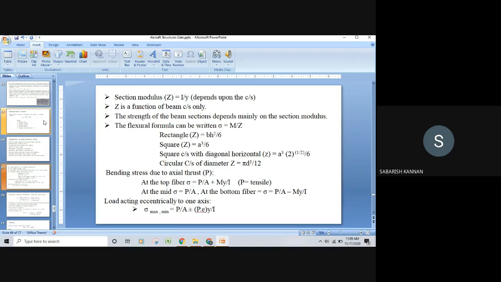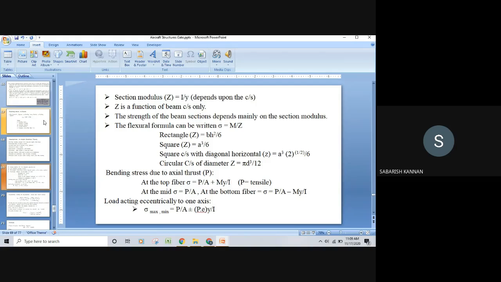Now the load acting eccentrically to one axis, that is eccentric loading. Sigma max or sigma min equals P divided by A plus or minus P e y divided by I. If it is maximum, we put plus; if it is minimum, we put minus.